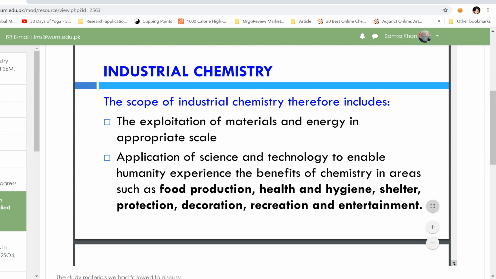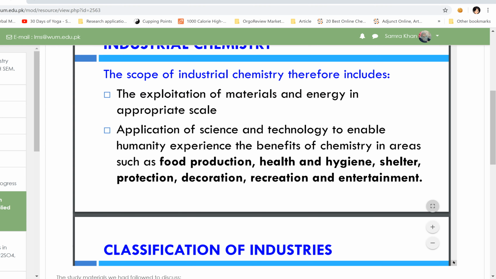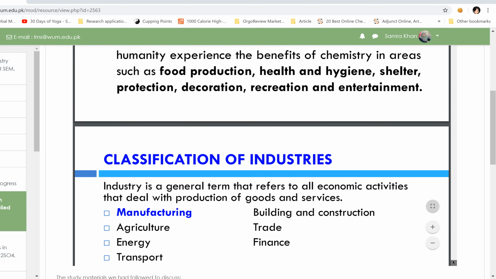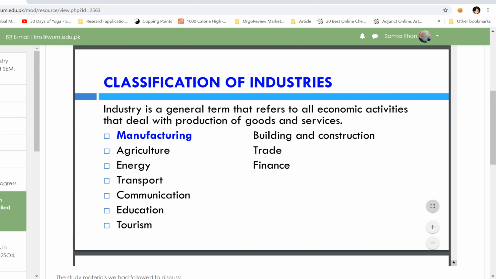But anyway, shelter production, aesthetics, decorations, recreation, entertainment, everywhere you go, industrial chemistry has its role to play. We had taken a look into the classification related to manufacturing, agriculture, energy, transport, communication, education, tourism, and all of those are the various industries of the classification. We actually looked into where chemistry has its role to play.